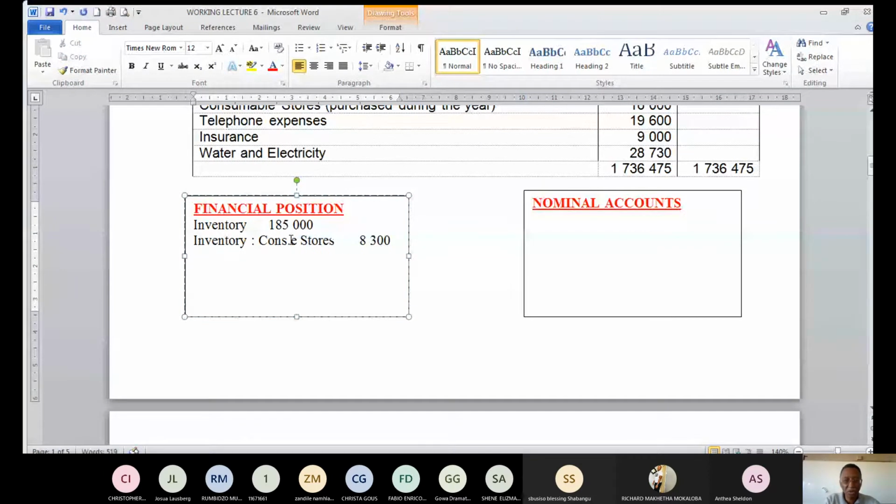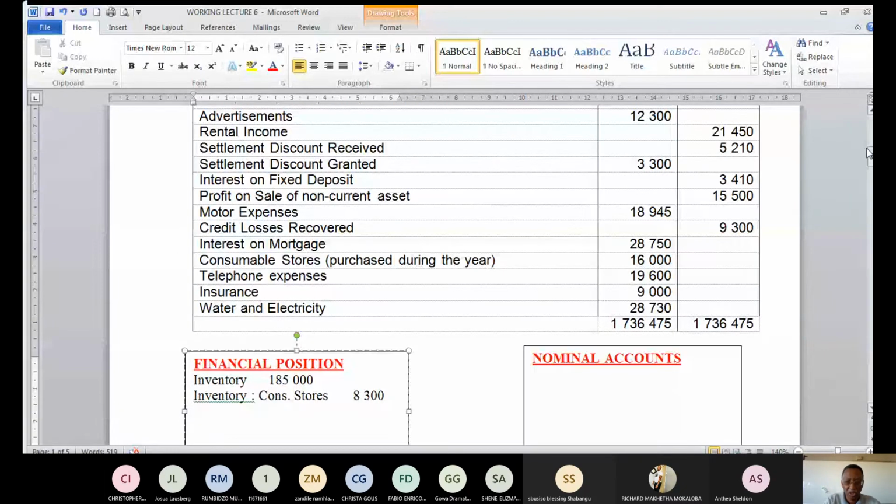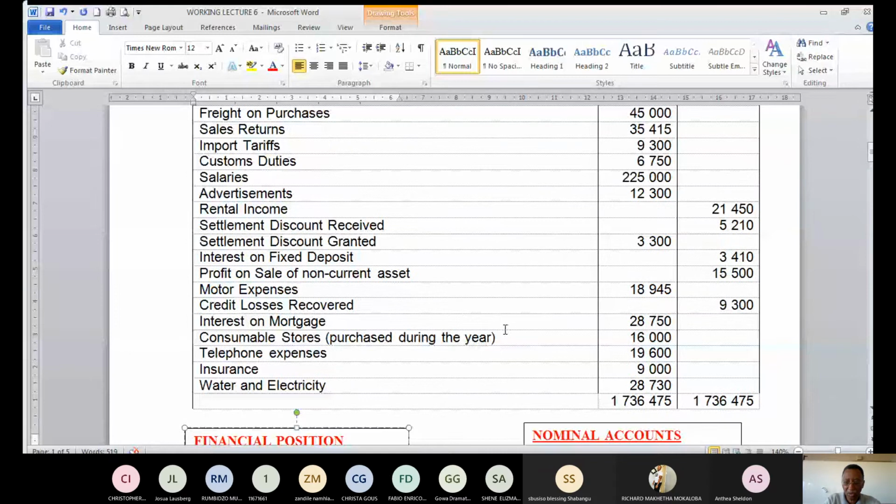My consumable stores expense. Go look for your consumable stores. During the course of the year, we bought 16,000 Rand. I have still got 8,300 of that 16,000 Rand left at the end of the year. So if I need to update my trial balance, my consumable stores account must decrease by the amount of 8,300 Rand.